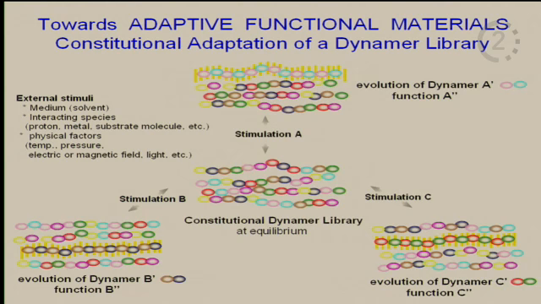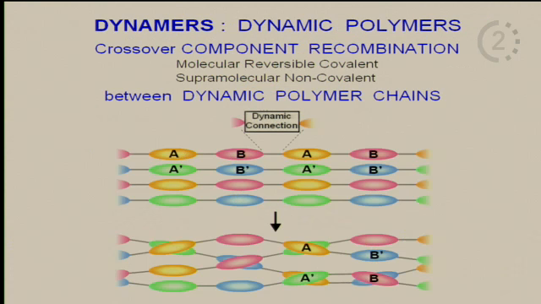Now, suppose you have a combinatorial library of components to make these dynamers. If you apply a stimulation to this, the stimulation in principle should force a rearrangement of the whole thing to generate a dynamer which is good for responding to stimulation A, or B, or C. What can one do? Suppose you have 2 films. One film is AB, AB, AB. This is one polymer.